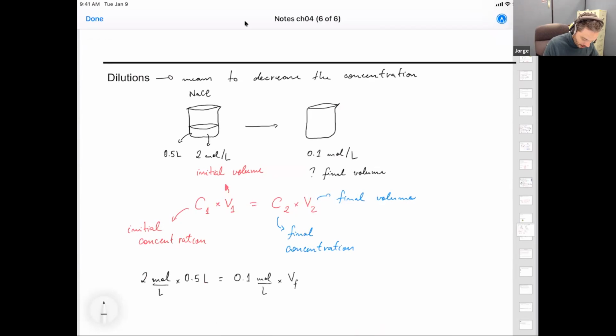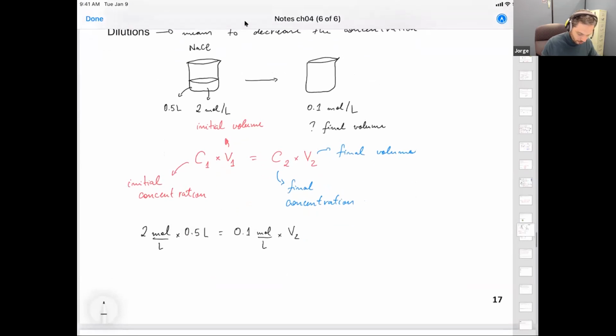And our goal is to calculate the final volume here. So let's call it V2. Okay, so that's how you set up a dilution problem. And then just doing the whole math here, the final volume is equal to 10 liters.